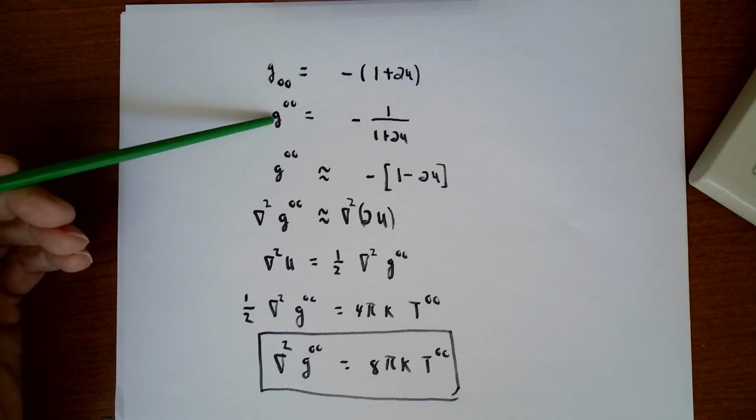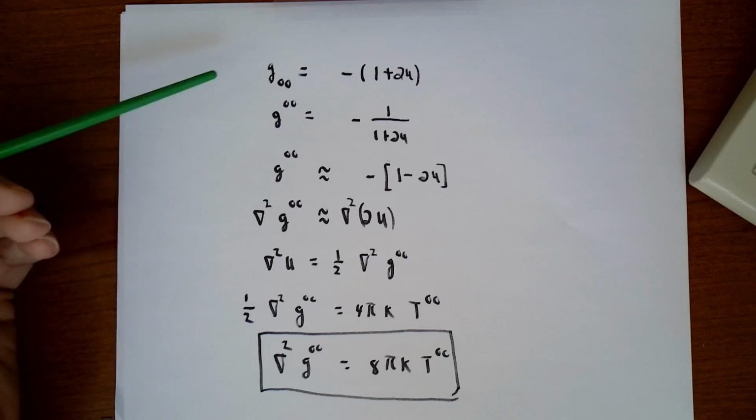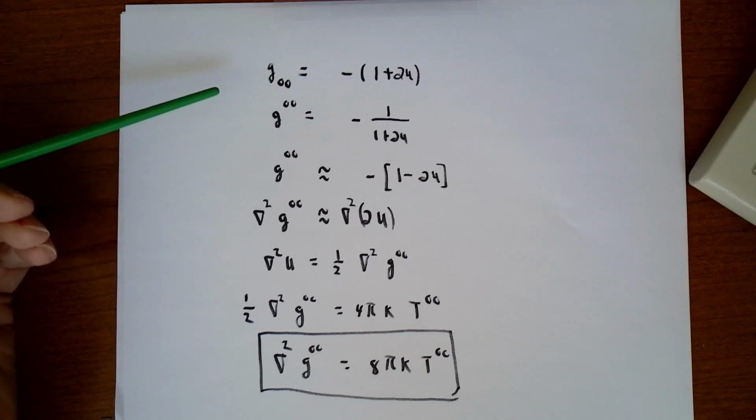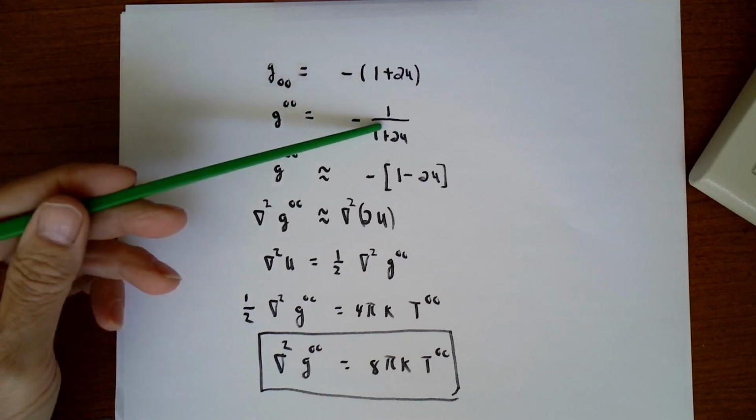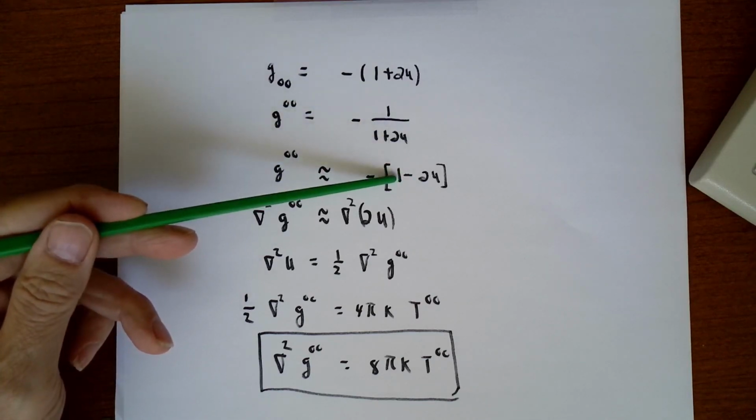Since the matrix is diagonal, this will just be the reciprocal of G with zeros downstairs. On the other hand, I'm thinking of the U as being small, so I can expand 1 over 1 plus 2u in a geometric series and only keep the first 2 terms.